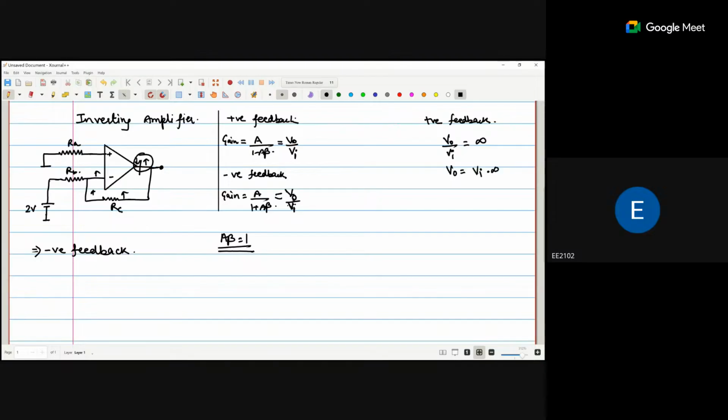So if I apply millivolts as input Vi, we are getting output voltage as infinite. So that will be unstable. I think in signals and systems we discussed the stability, BIBO, bounded input, bounded output.